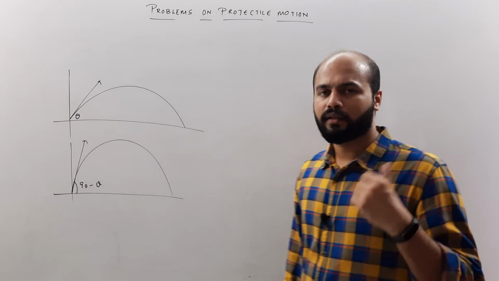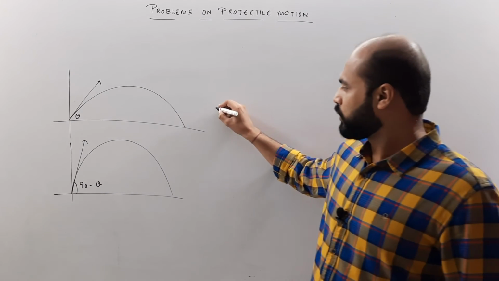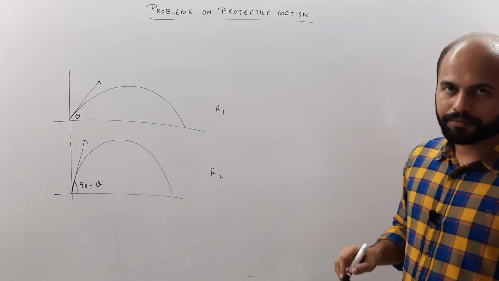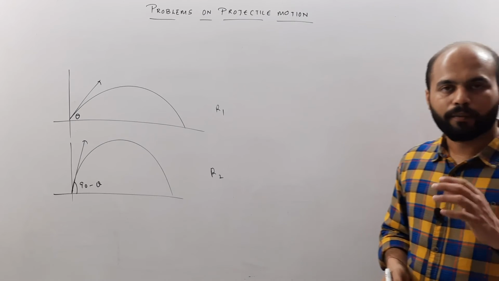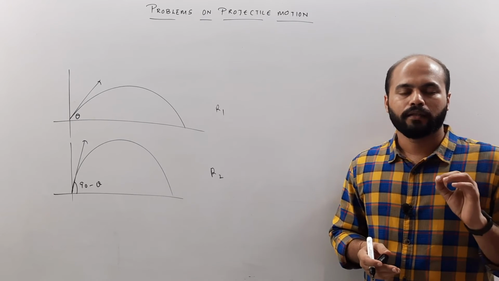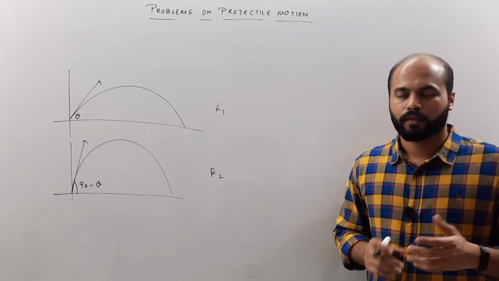Now let us find the range in both the cases, what exactly happens. Let us call these R1 and R2, 2 ranges for that matter. Now a little bit of trigonometry knowledge is also required in this case, which you are going to learn later, and you are going to appreciate these expressions more only when you learn trigonometry.